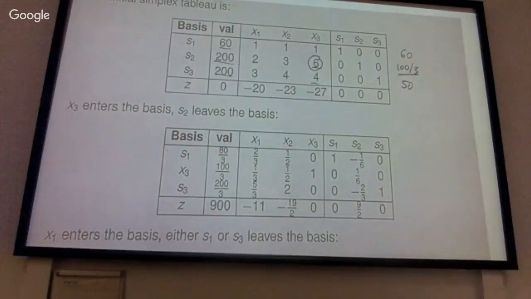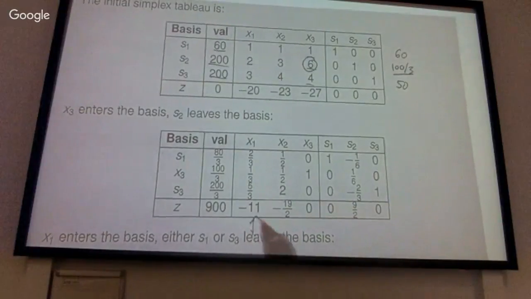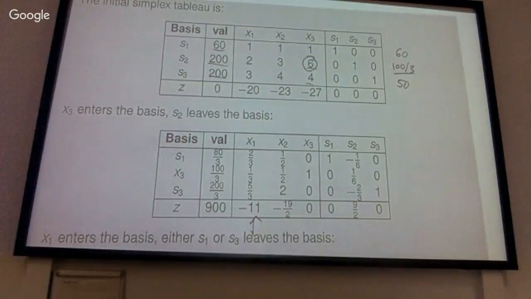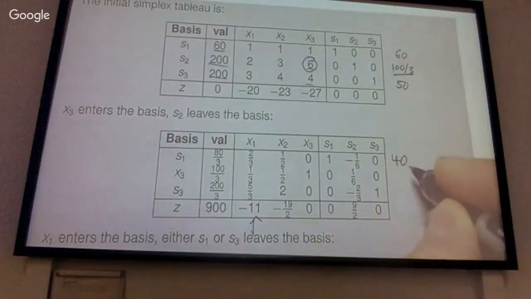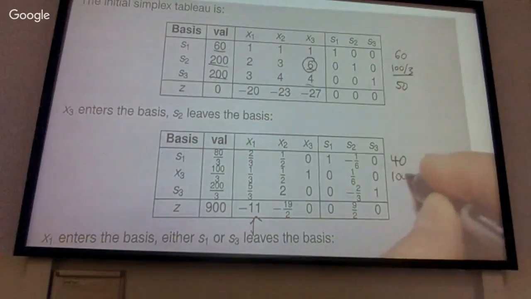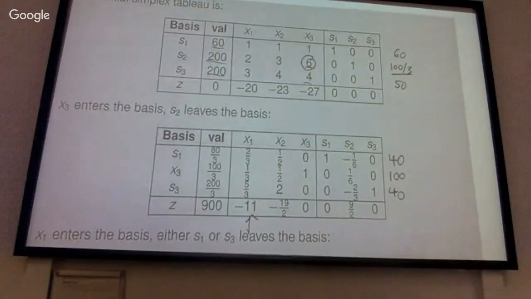And now I'm sure some people did get this far, because when you take the minus 11, which should indicate x1 to enter the basis, now you do your ratios, and you get ratios 40 and 100 and 40. And some people ask, what do you do when the ratios are the same?